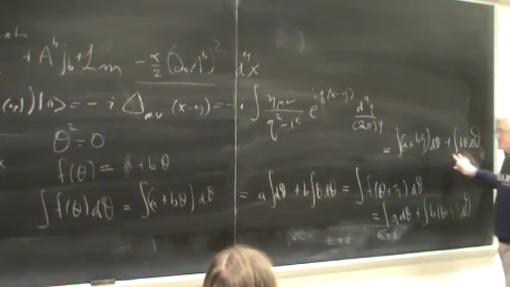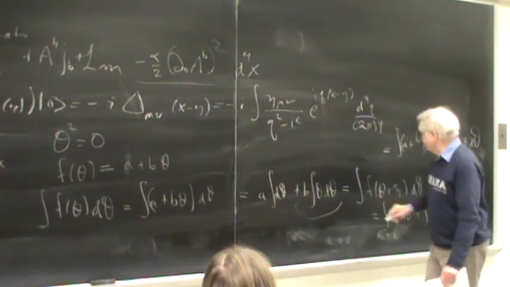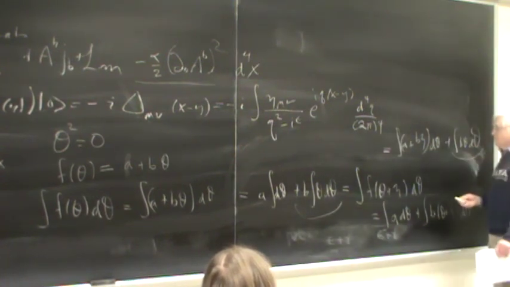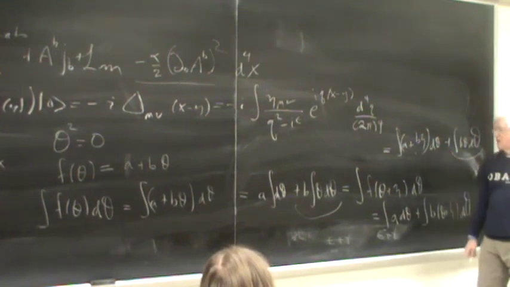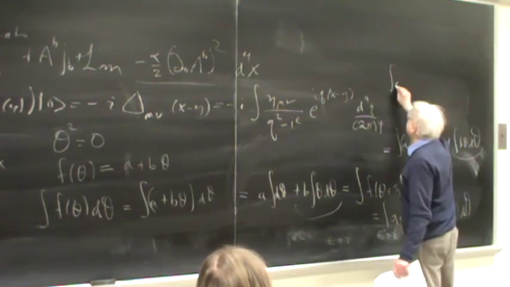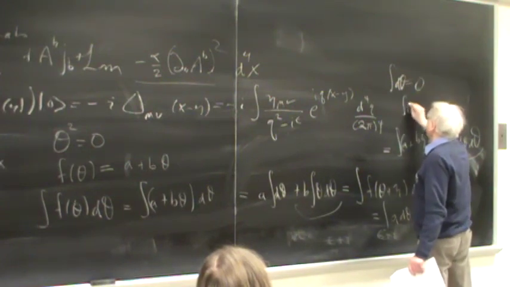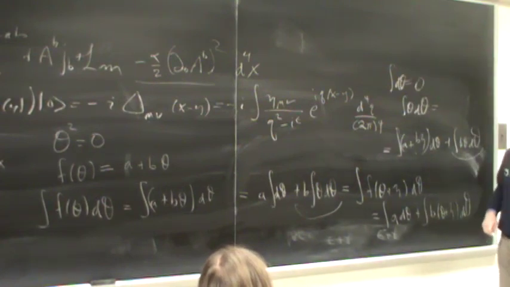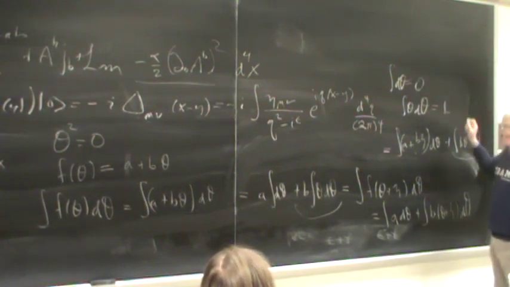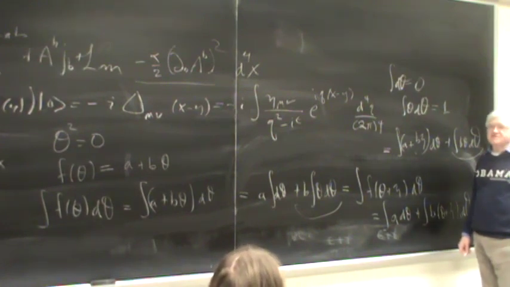If we want this to be the same as that, then automatically this term is the same as this one, but this guy is different. So we say this integral is 0. So the rule is integral d theta is 0, integral theta d theta is not 0. Let's just set it equal to 1. So that's how it's done.